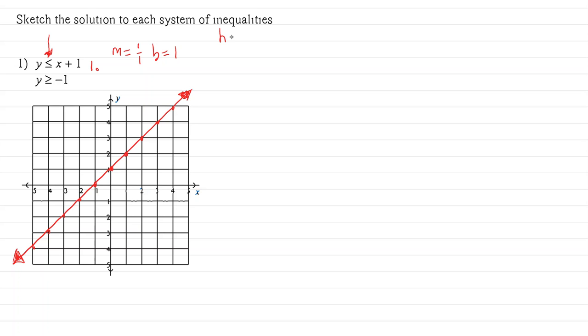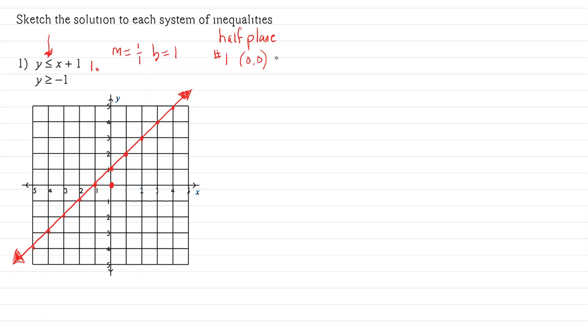So we're going to call this half plane number 1. The easiest point I could check would be a point not on the graph that's very easy to work with, and 0, 0 would be a great choice. So we're going to check 0, 0.